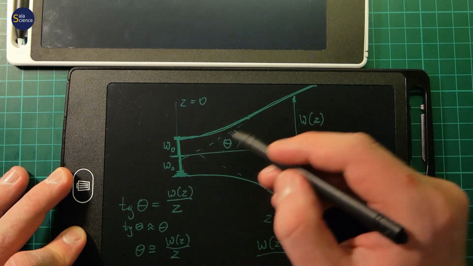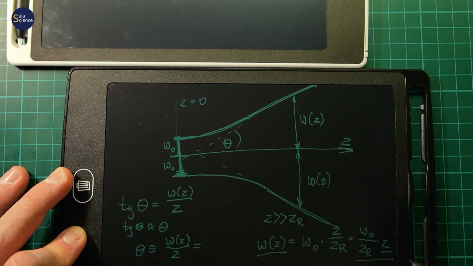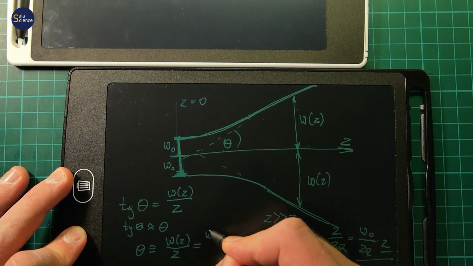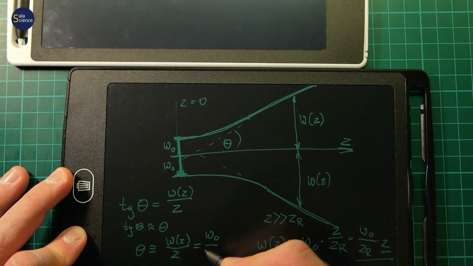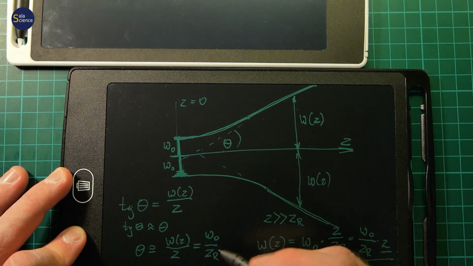And far from the waist, we have W0 over ZR times z. So we have W0 over ZR times z over z. So z cancels out.